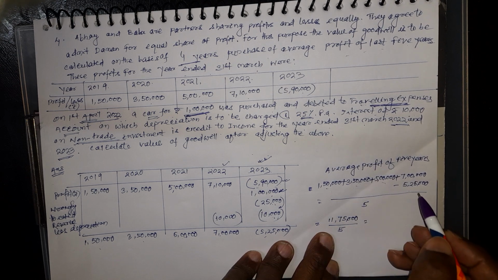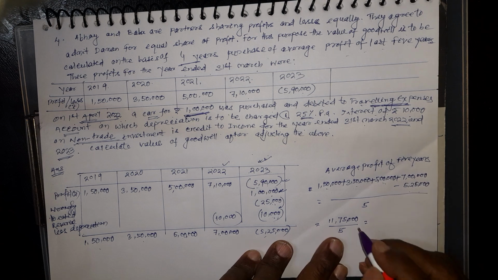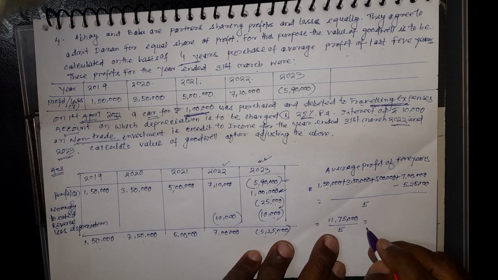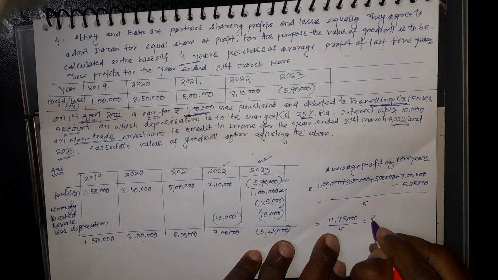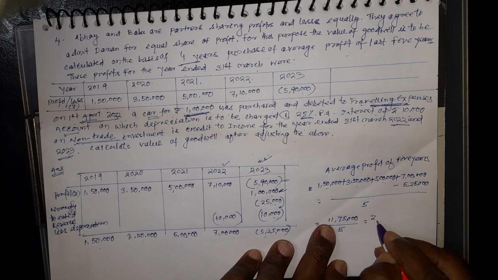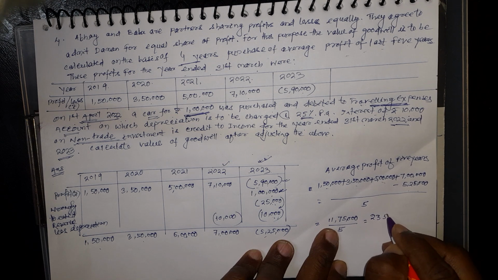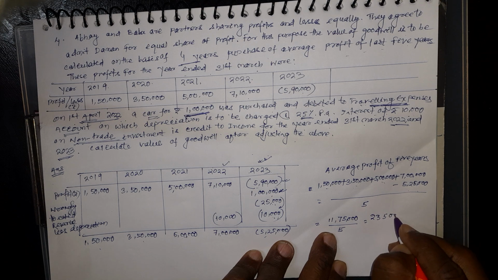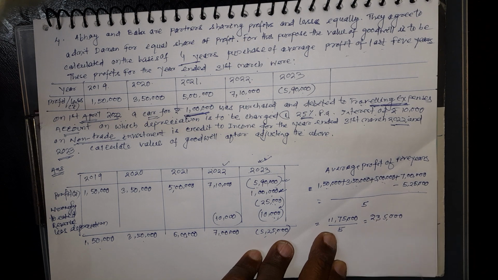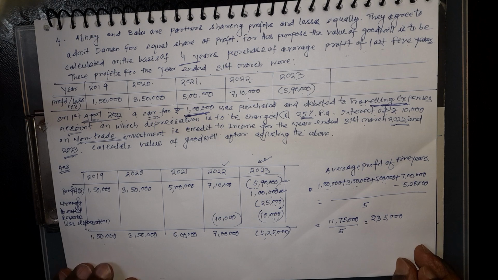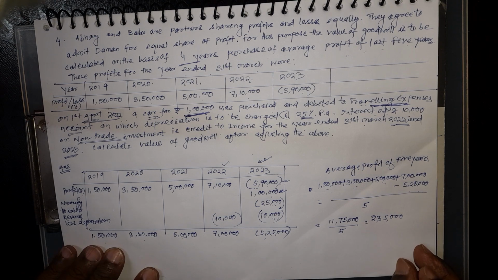So you have to divide it by 5. 5 twos are 10, 5 threes are 15, 5 fives are 25, then 2,35,000. So how will goodwill be calculated?